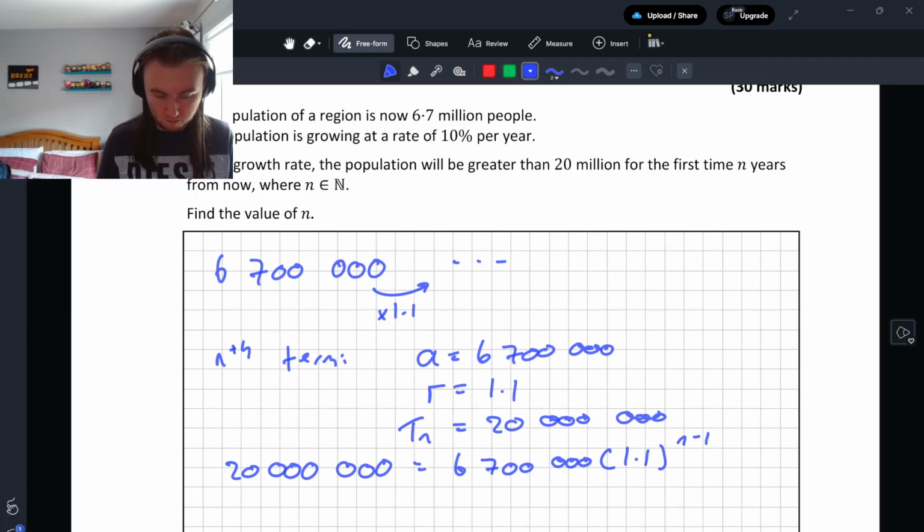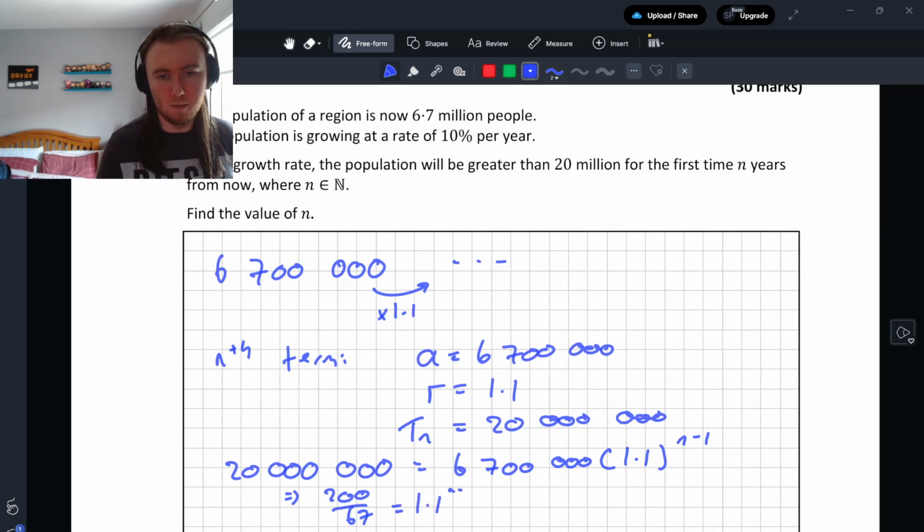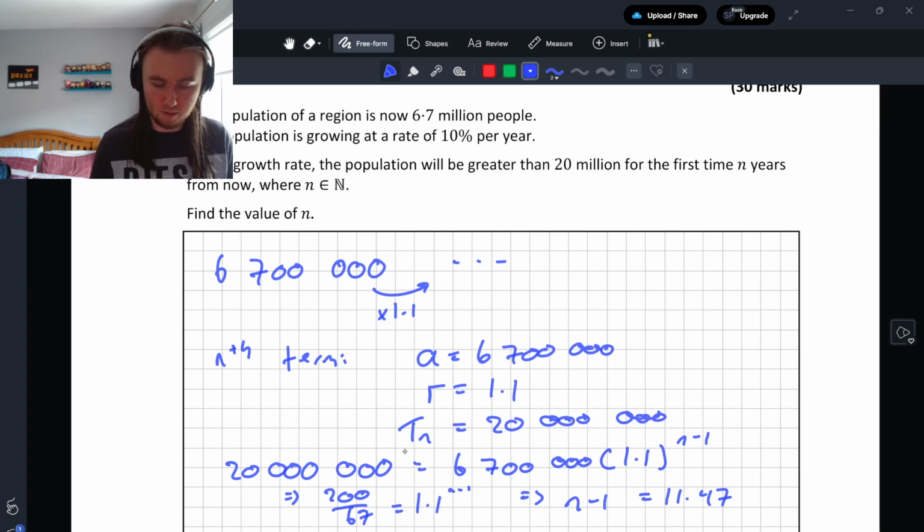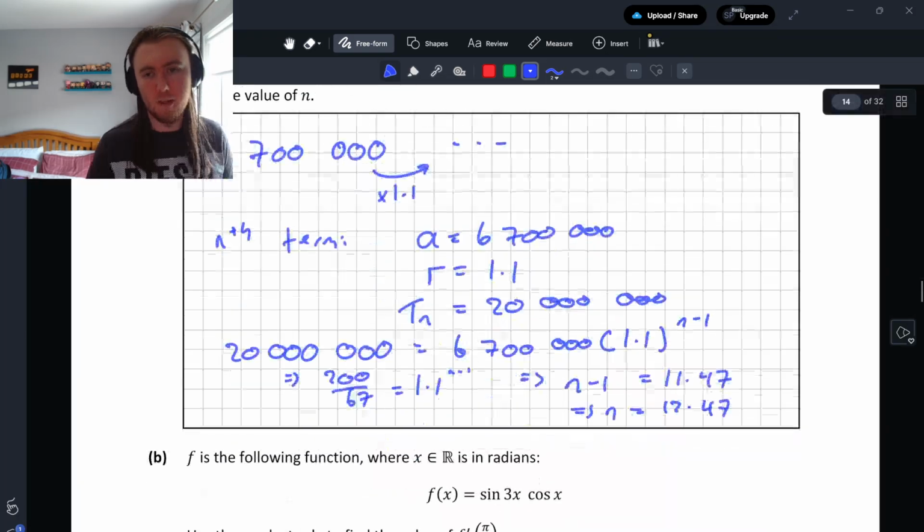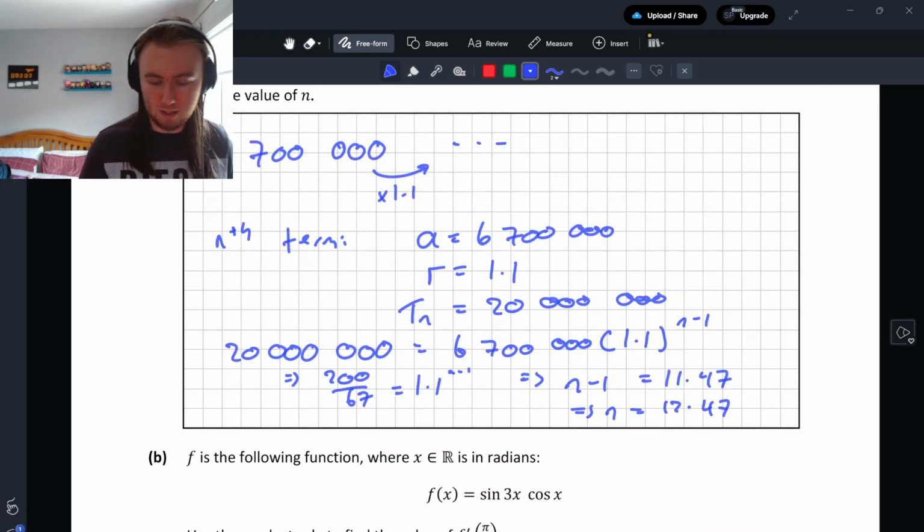So we get 200 over that is 1.1 to the n minus 1. So log base 1.1 of 200 over that number. So n minus 1 is equal to 11.47. So n is 12.47. So 12.47 years, but as an integer, I'll say 13.